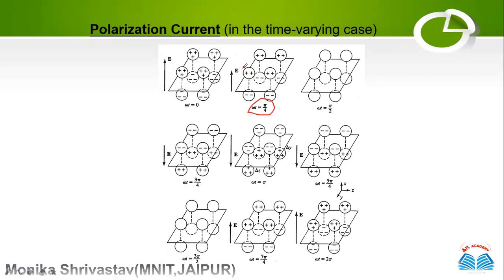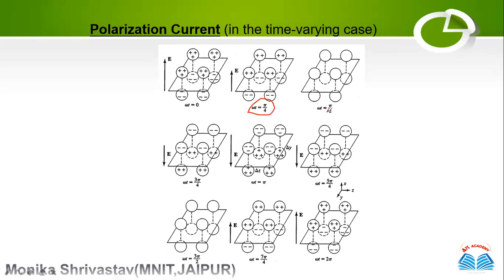I am not saying that the number of charges is fixed. The number of charges will obviously be more than 1,000, 10,000, or maybe lakhs, not 2 to 3, but this is just an easy example to understand. So the number of charges is reduced when omega t is equal to pi by 4.